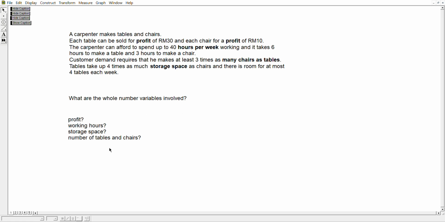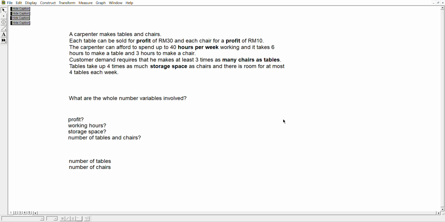The variables here are the number of tables and the number of chairs. Please take note that they have to be whole numbers. You cannot have half a table or half a chair, or 3.5 tables, 4.9 chairs, or 6.5 tables.